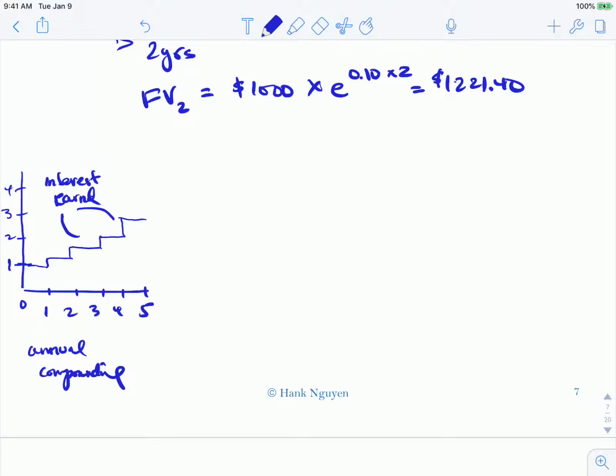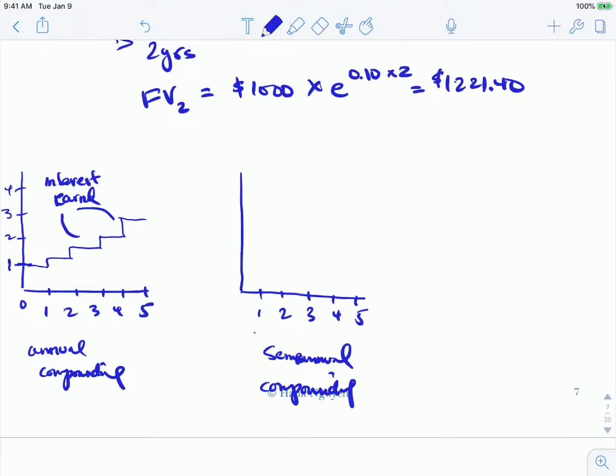In semi-annual compounding, it's the same thing, years 1, 2, 3, 4, 5.